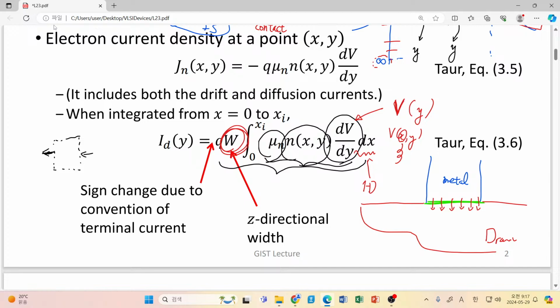The justification of this approximation was already explained in our lecture 22, because we have only y-directional current density. There is no x-directional current density. That justifies our approximation of uniformity along the x direction. Okay, so let me move on.